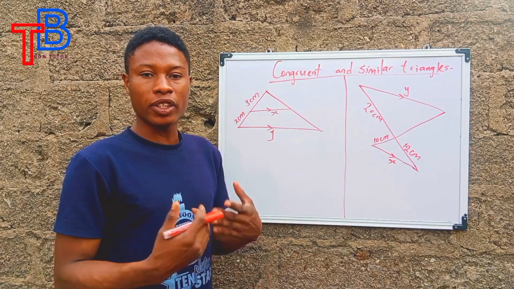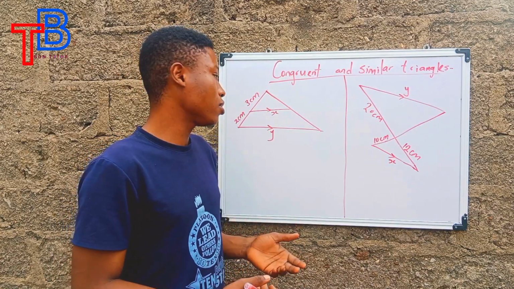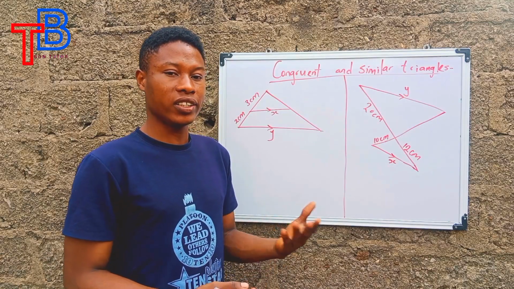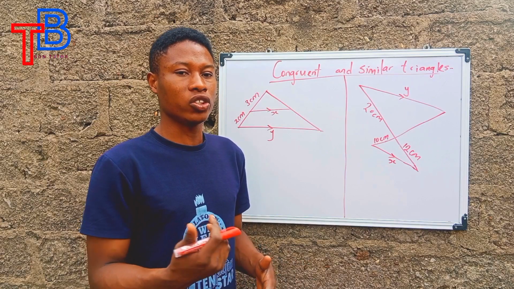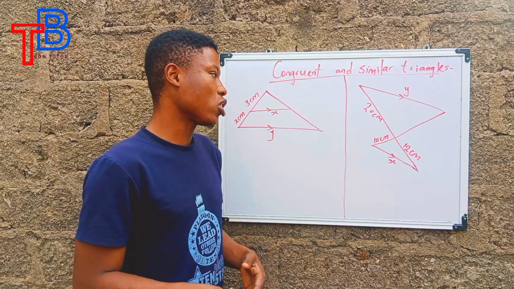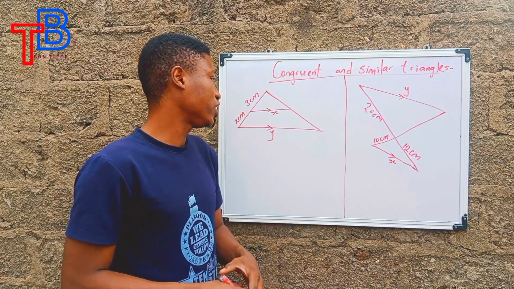We say when we're talking about a congruent triangle, we're talking about triangles that are equal in all aspects. That is, all the angles and all the sides are equal. And when we're talking about a similar triangle, it only has corresponding sides, but all the angles in them are equal.